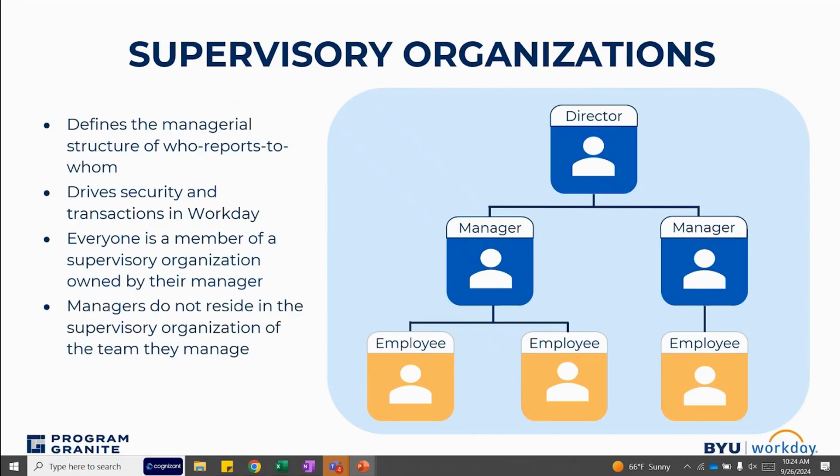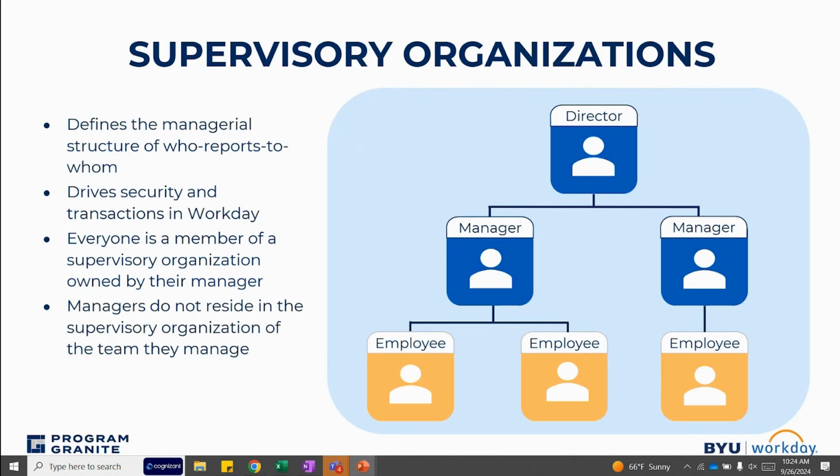The most important organization, and don't tell our finance friends this because they might argue with me, but what I think is the most important organization is our supervisory organization. So this represents our who-reports-to-whom structure. This is essentially an org chart. It's what we just looked at in Workday.